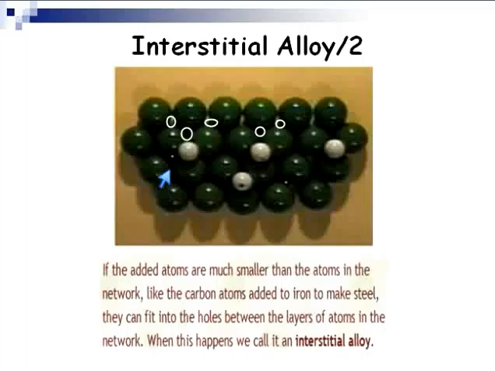Like carbon atoms added to iron to make steel, they can fit in the holes. Just look on the periodic table at the atomic number of iron, it's much larger than carbon. Carbon has atomic number 6, and iron has somewhere in the 50s, I think. So it's much larger.